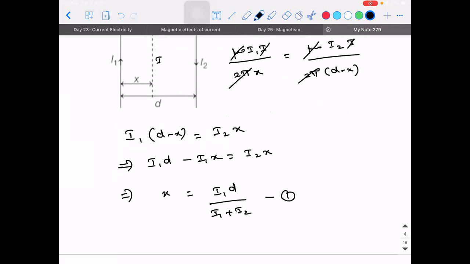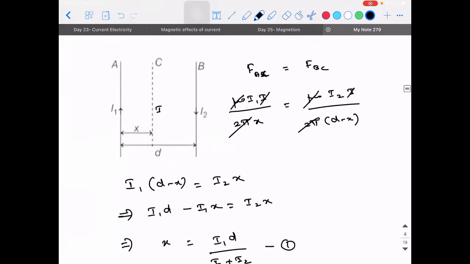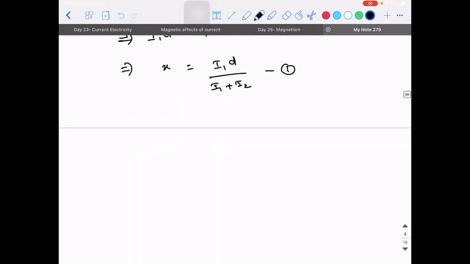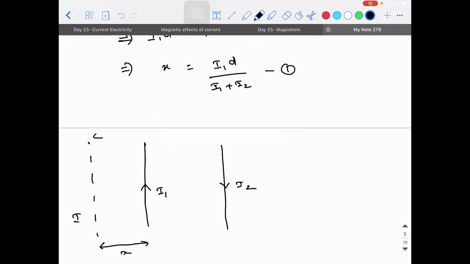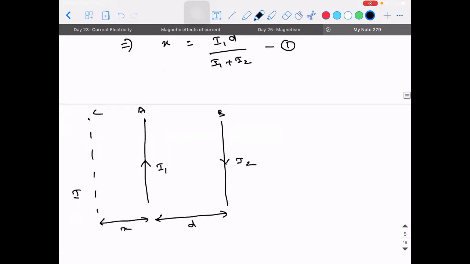All right. Next, had the conductor C been on the left hand side, what would have happened? X, this distance will be D. Right.